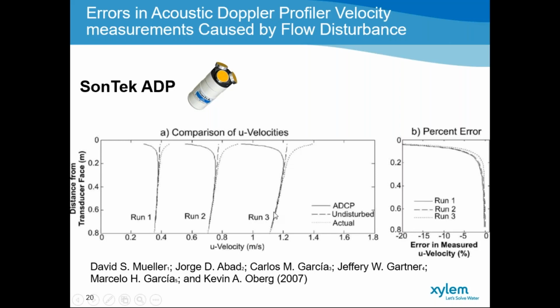The center line here is your undisturbed measurements, meaning there was nothing in the model, or nothing in the channel when those measurements were performed. This gives you a percentage error bar at a certain depth away from the instrument to determine what impact that has on the actual velocity measurements.